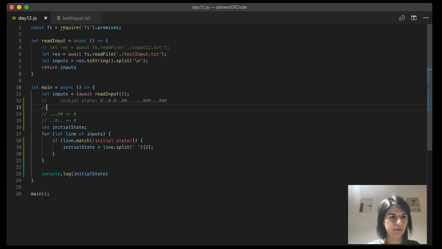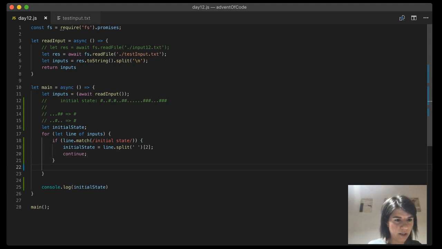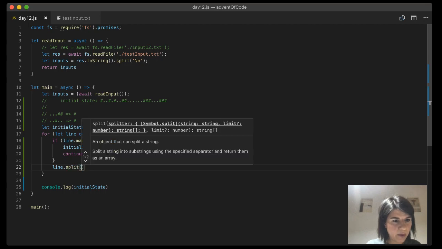Great. Oh, and if you're wondering, I'm using fs.promises, so not the regular old school file system module, but .promises, so I can work with async await instead of worrying about callbacks and having everything shifted to the right. Okay, so we got the initial state. Don't need to do the rest of the line. So otherwise we're splitting the line.